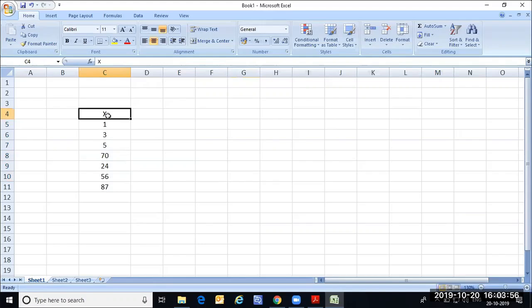What is the size of the population I've taken here? 7, right? How do we calculate the mean?